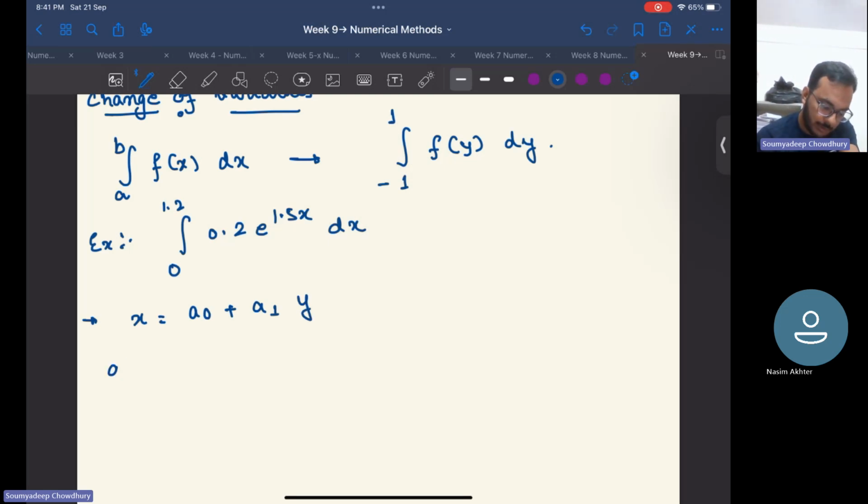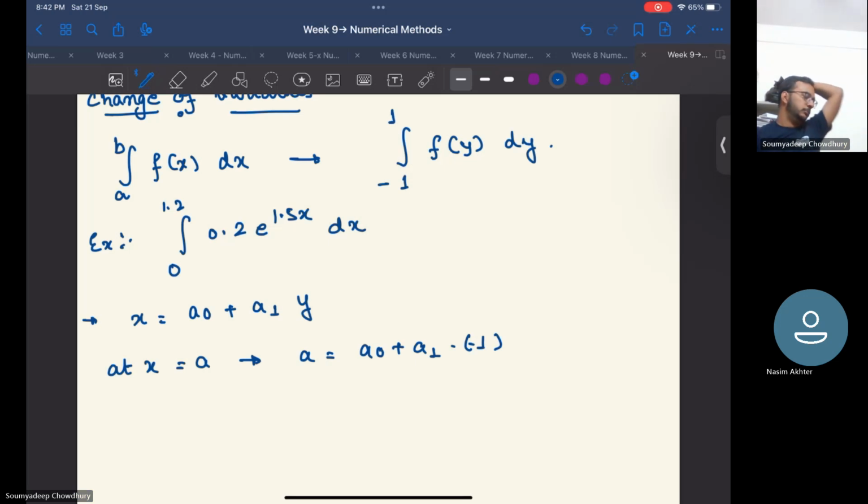So at x equal to your lower limit, a equal to a0 plus a1 y. Y we want it as minus 1, right? So your a0 minus a1 is a. This is your first equation.